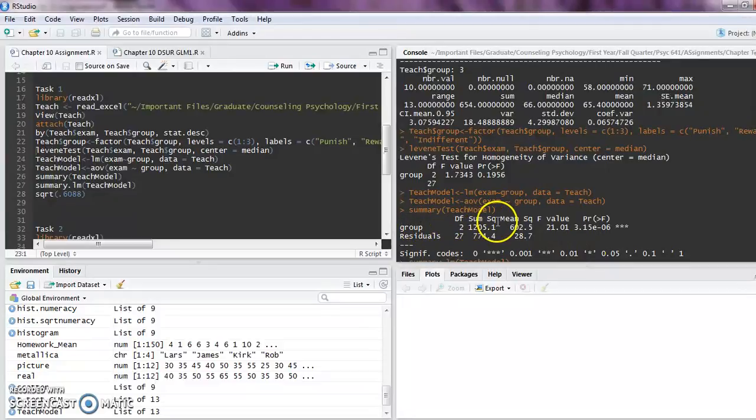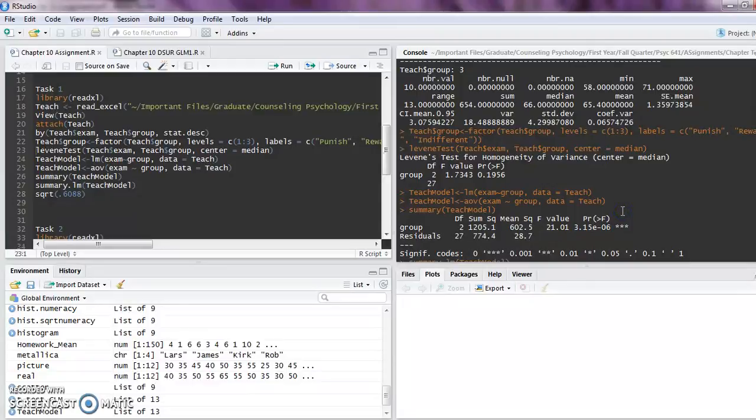So essentially this is giving us our sum of squares for the residual and for the group, the mean squares for the group and residuals, and then our F value and our value for statistical significance.